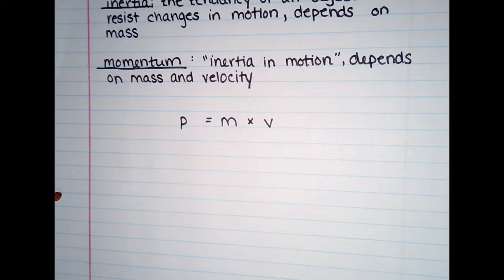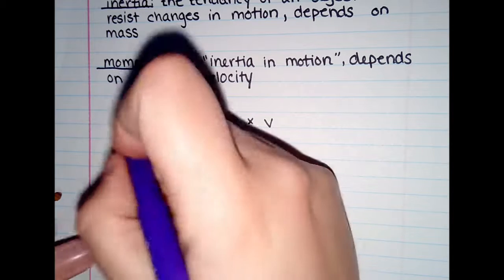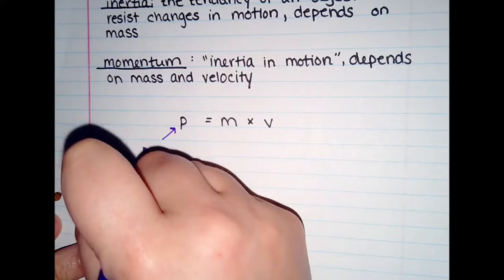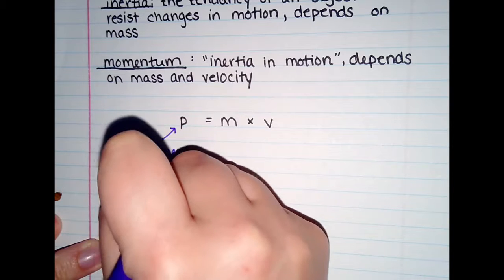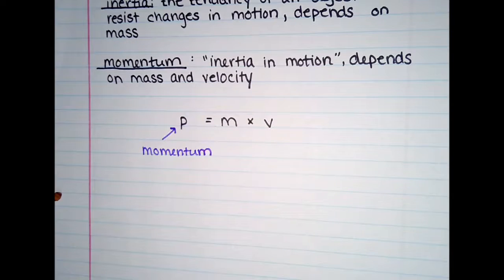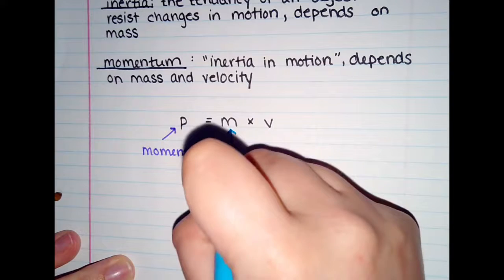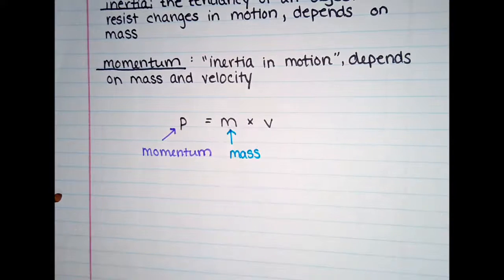So I do want to label this. Lowercase p stands for momentum. We know that m is mass, and the v is velocity.